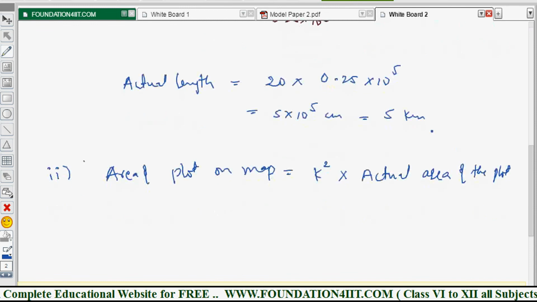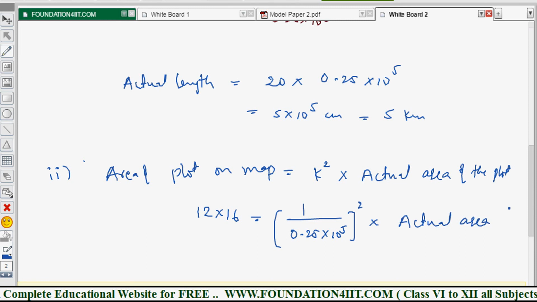Area is length into breadth, that means 12 into 16. So 12 into 16 is equal to the K value, 1 by 0.25 into 10 power 5, whole square, into the actual area. Just simplify from this.